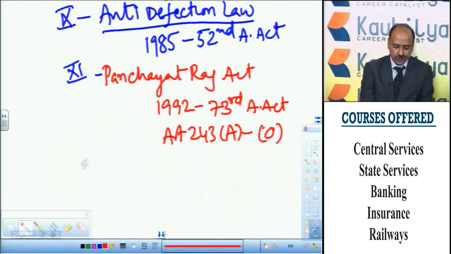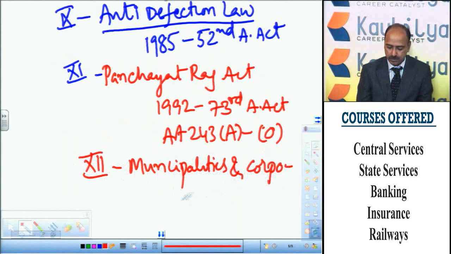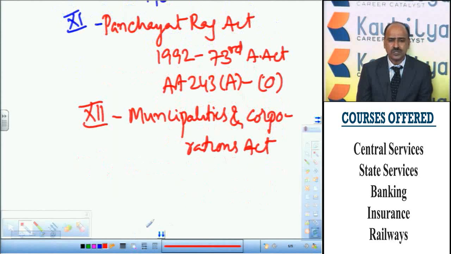Last schedule is the 12th Schedule, municipalities and corporations. The Municipalities and Corporations Act was added in our Constitution in 1992 through the 74th Amendment Act.